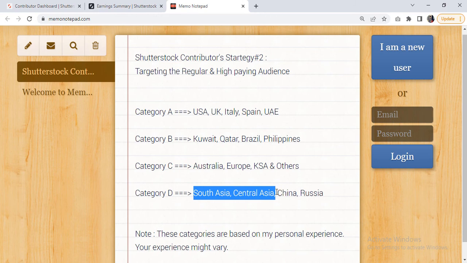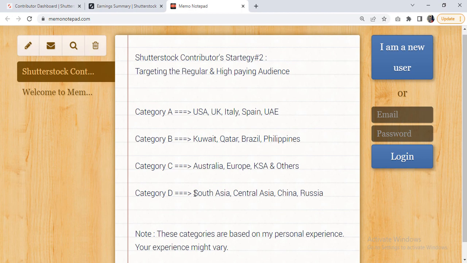regions, I have noticed that they are the ones who have subscribed to the cheapest packages, because Shutterstock has different packages for their customers. So in some packages they have a limited number of images, and that costs more for the customer. On the other hand, some packages are very cheap, so they are less expensive than the others.